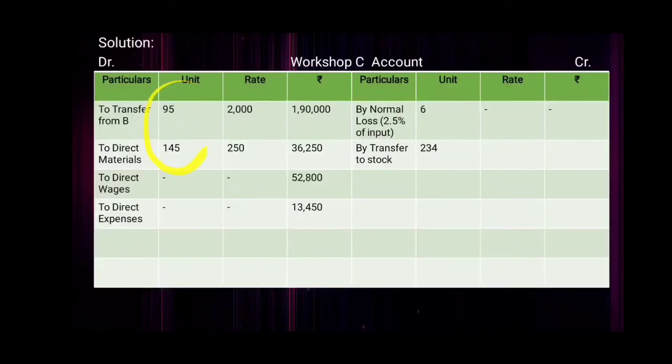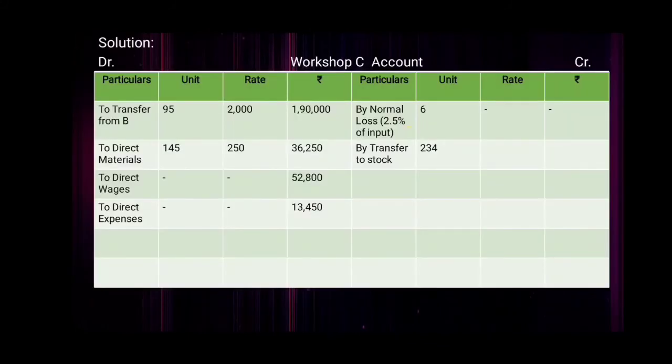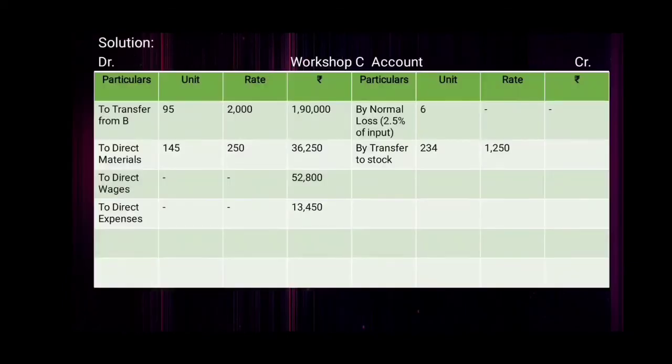So the total quantity is 95 plus 145, which will be 240, minus normal loss quantity, which is given as 6, which is equal to rupees 1,250 per unit. So we'll record the amount 1,250. Total amount will be 2,92,500. So let us take the total of both the sides. Units will be 240 and the total amount will be 2,92,500.